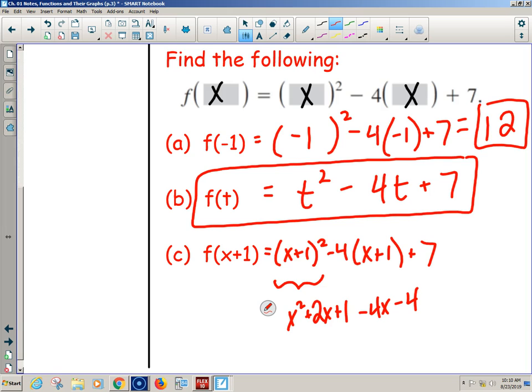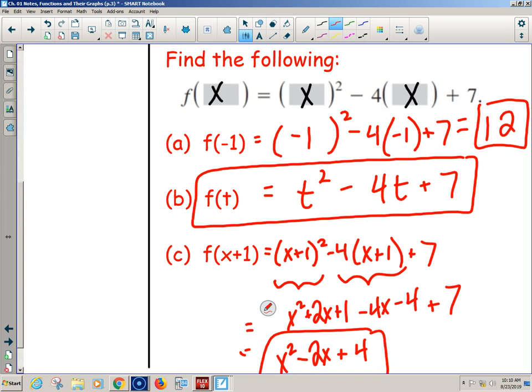If you didn't have a minus here, 4 will seal. And then plus 7. If you avoided those mistakes, hopefully you were able to properly combine like terms and get your final solution to be x squared minus 2x plus 4.